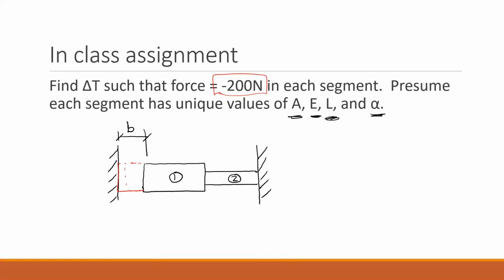You could calculate some temperature to get it to just barely touch, or you could calculate some temperature to actually develop compression. So you can assume that this is extended all the way to that side, and the temperature is still increasing. See if you can set that up. And if you need help, let me know.